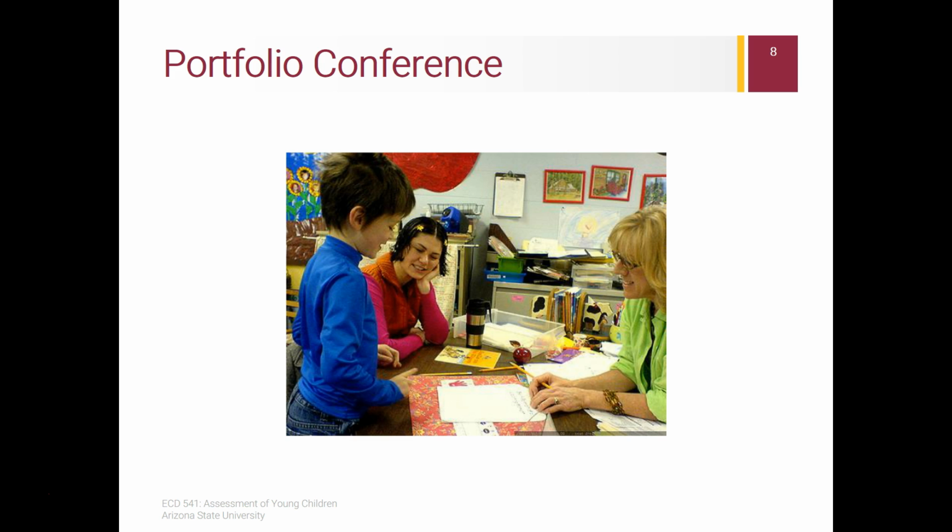It is important to note that this can be difficult for younger students. However, if children are taught how to do the conference and practice it, a student-led portfolio conference can be highly successful. When conducting a teacher-led portfolio conference, you want to prepare the portfolio for sharing and allow some time for parents to study the portfolio on their own.